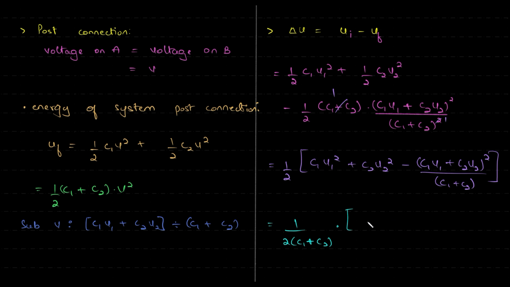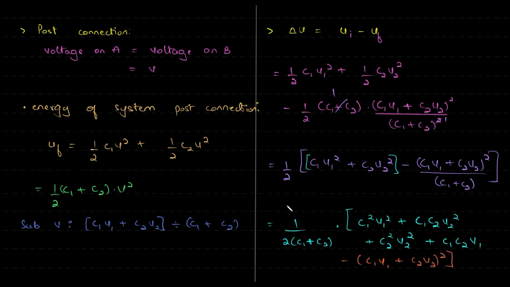When I take the LCM, using the distributive property, this will be C1 square V1 square plus C1 C2 V2 square plus C2 square V2 square plus C1 C2 V1 square. Please don't get confused, I did the distribution in my head. Minus C1 V1 plus C2 V2 the whole square. You do the math, you'll get the same expression.